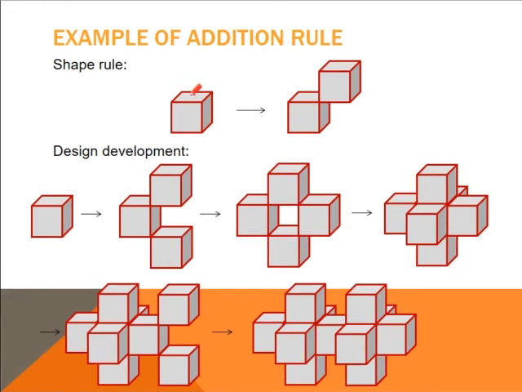Okay, still the same. Look at it from this way, still the same. Or if you look at it from below, it is still the same box. Okay, so it doesn't matter which orientation you look at the object, you still get the same shape. Right. So the rule specifies that you just add another box on the side.